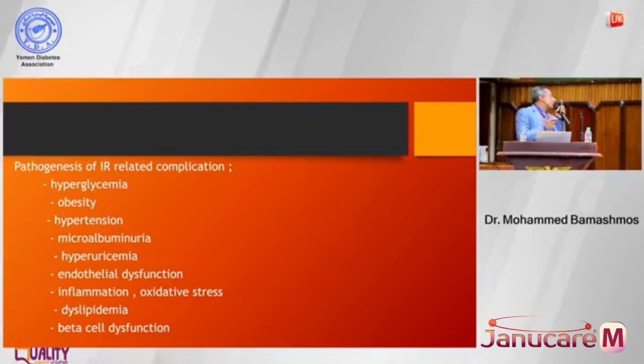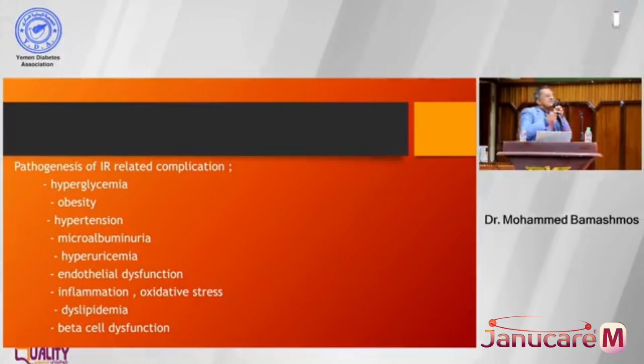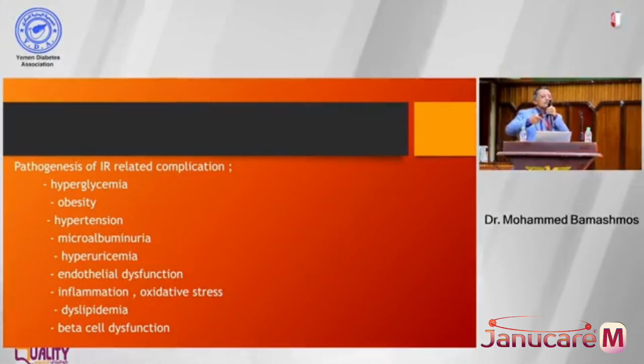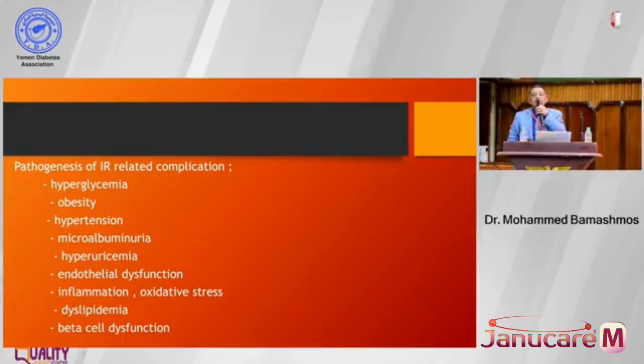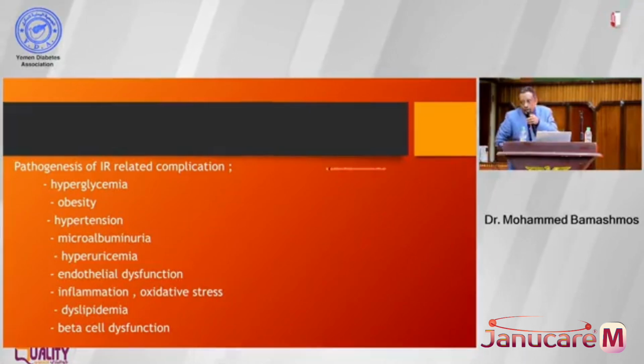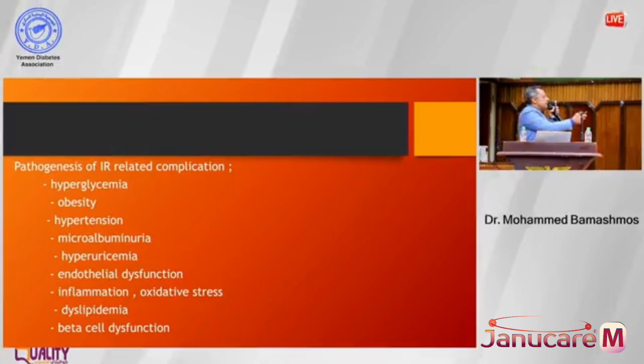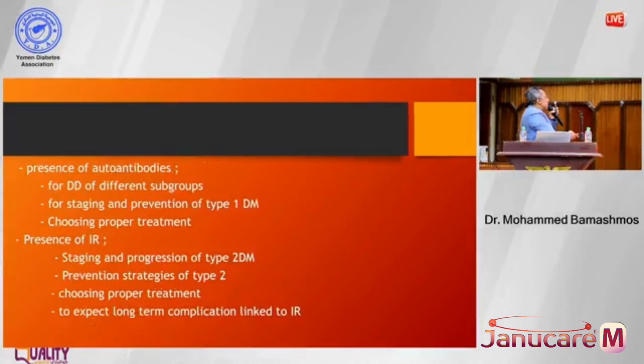Also, it enhances beta cell dysfunction. So the insulin resistance is related to the complications which are induced by all these mechanisms, and this means coronary artery diseases, heart failure, chronic kidney disease, and microalbuminuria.